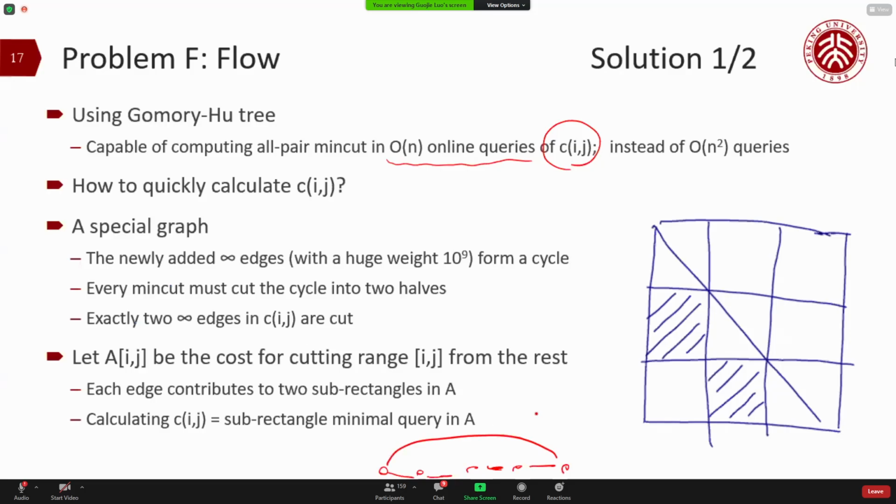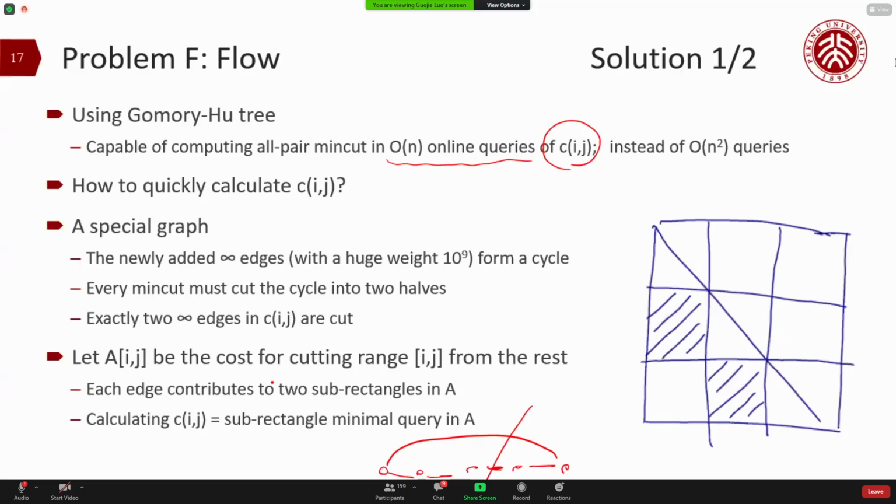So every min cut must cut the circle into 2 halves. In other cases, if we cut more than 2 infinity edges, then the weight will be much higher. This can also be easily derived from the property of this graph. Essentially, 2 infinity edges in Cij are cut.